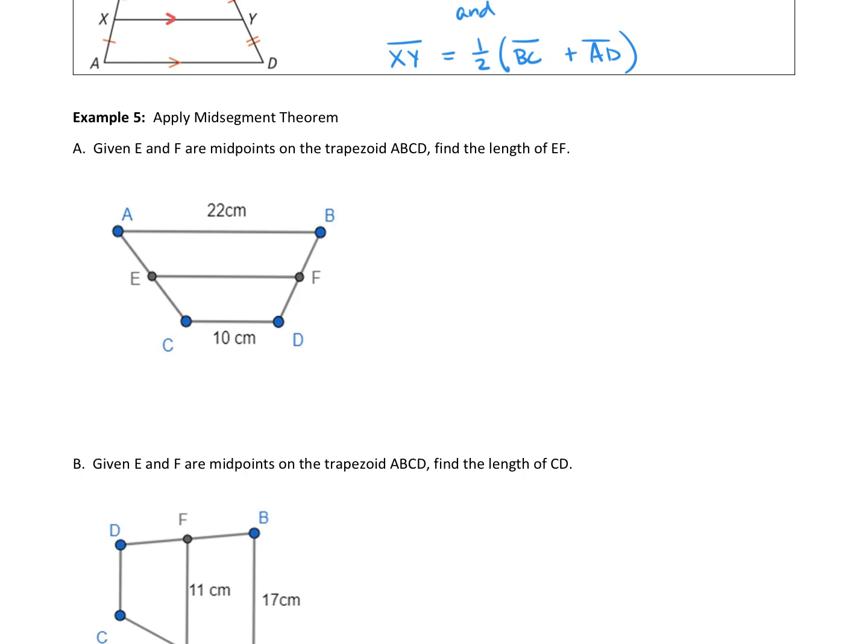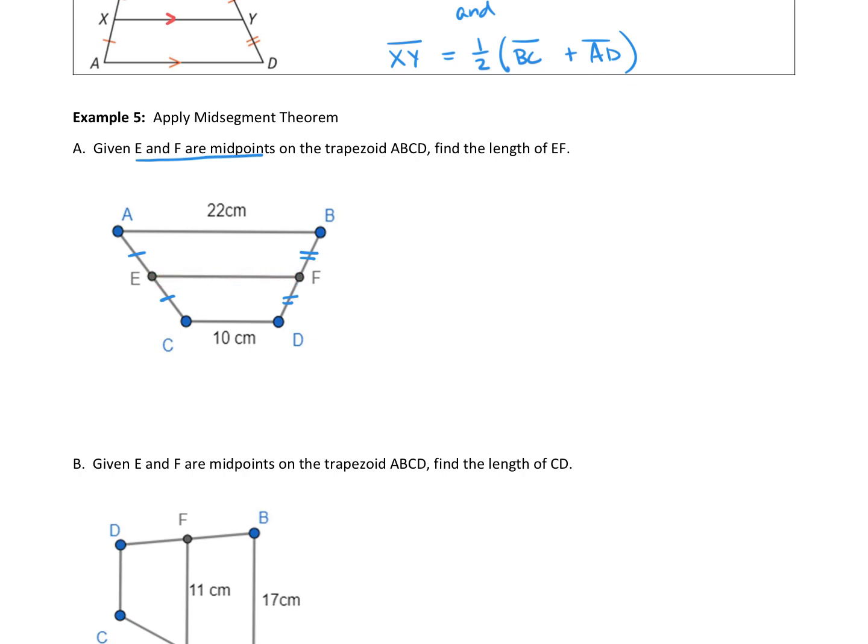So part A, given that E and F are midpoints on trapezoid ABCD. So we have a trapezoid. We're told we have midpoints. So if E is a midpoint, that makes AE congruent to CE. If F is a midpoint, that makes BF congruent to DF. So I'm going to mark what we know when we have those midpoints right there. Because we have a line connecting the midpoints of your legs, that makes this the mid-segment.